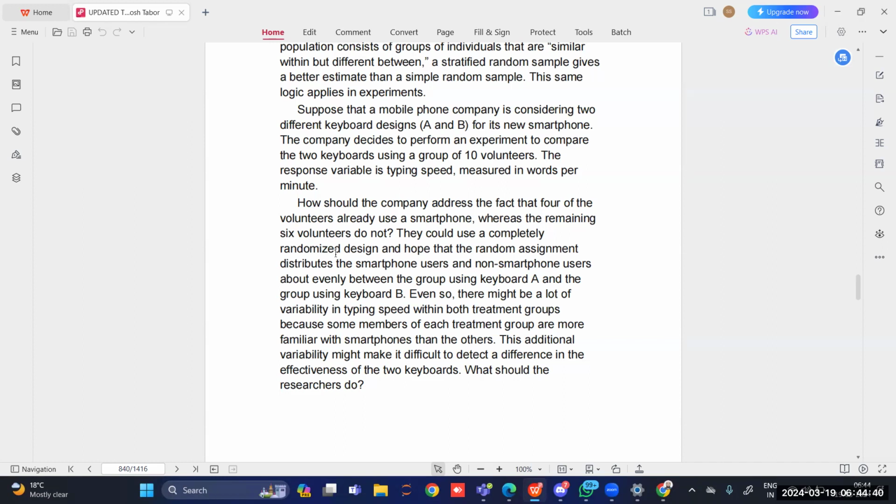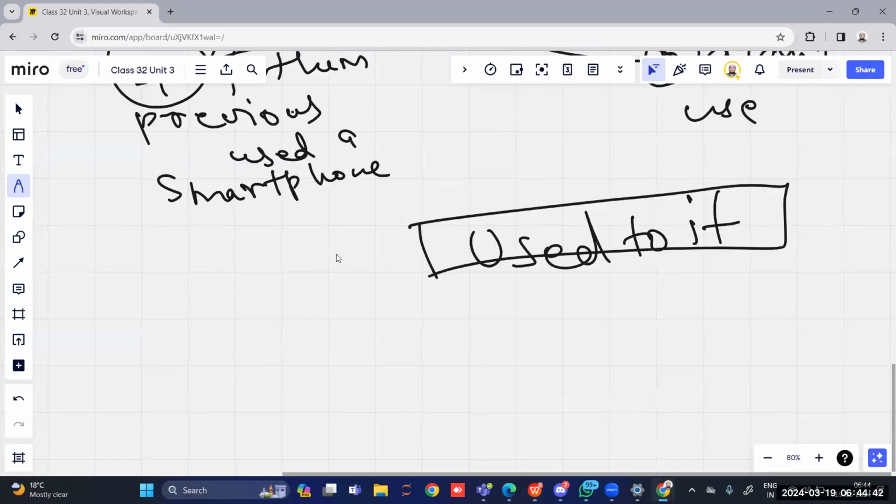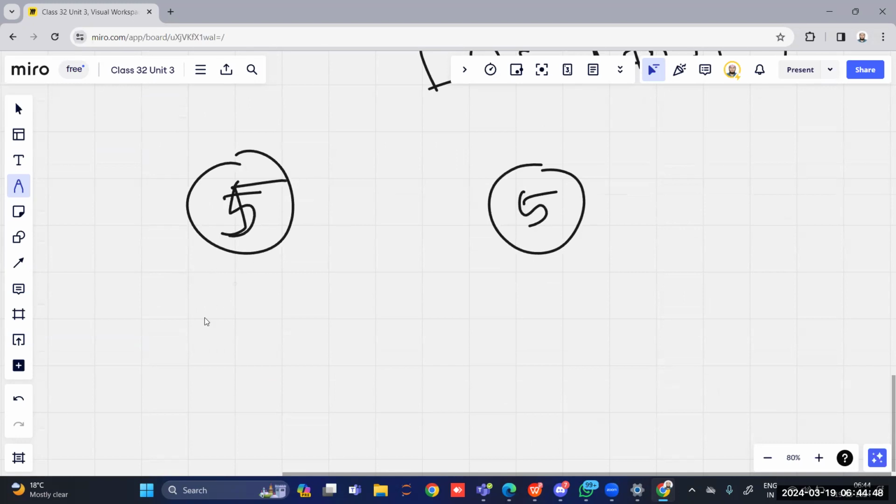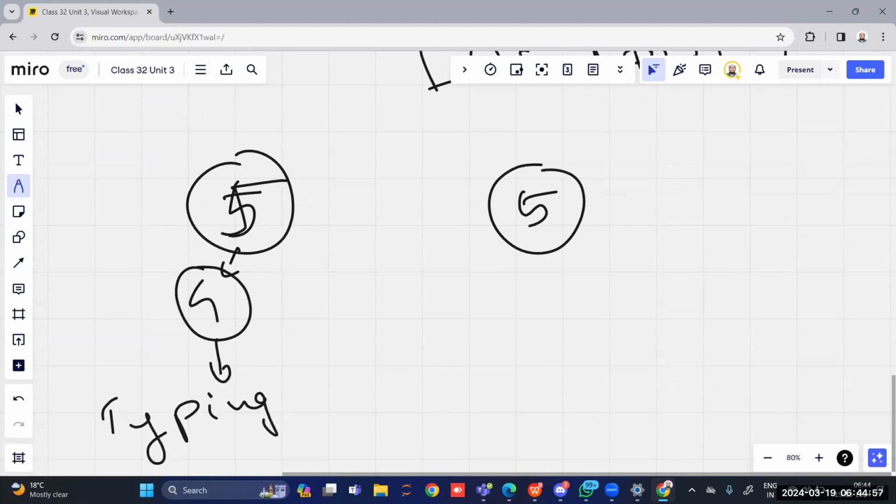Yes or no? If, for example, I'm making two groups of five students of 10 volunteers, and the four who don't know how to use a smartphone fall in this group, it is eventual that the typing speed here would be less.